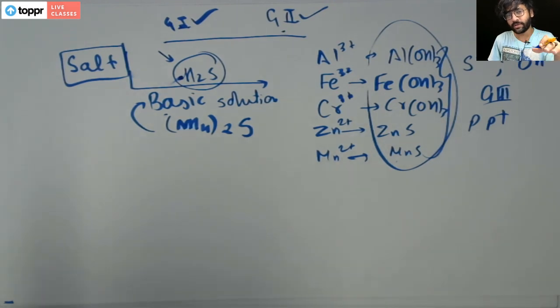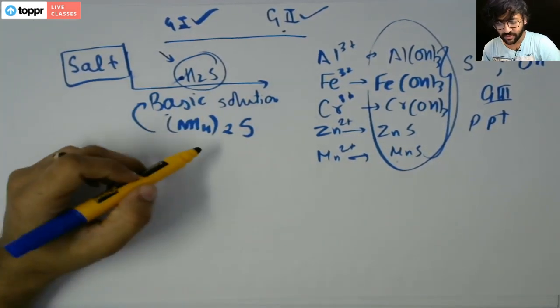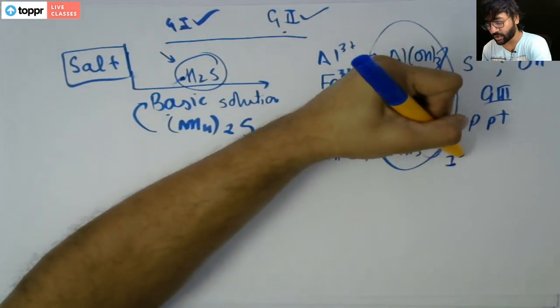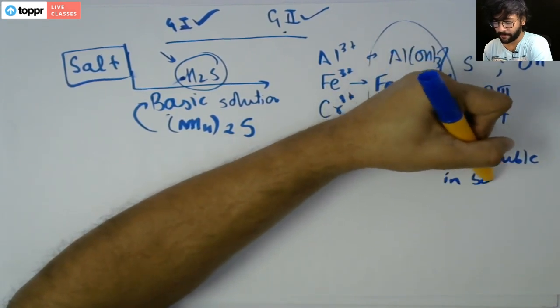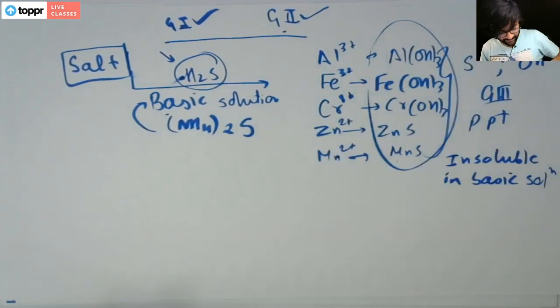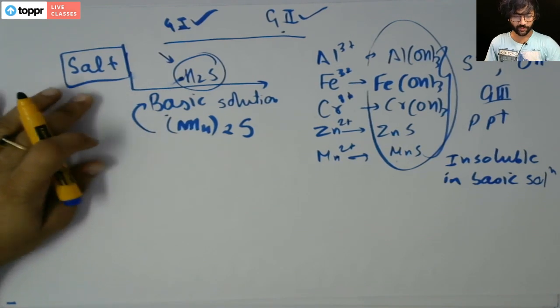Instead they put cations of different groups in different options, so that you can choose wisely. The group 3 precipitates are insoluble in basic solution, so they form a precipitate. So this was about group 3.